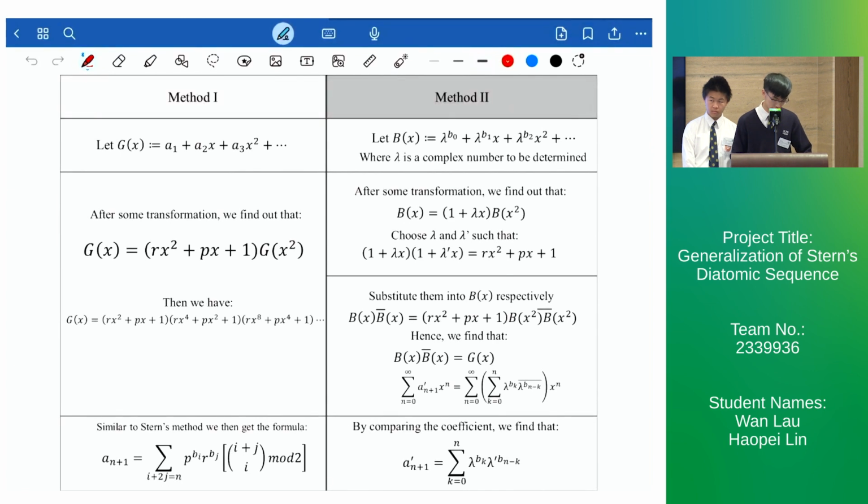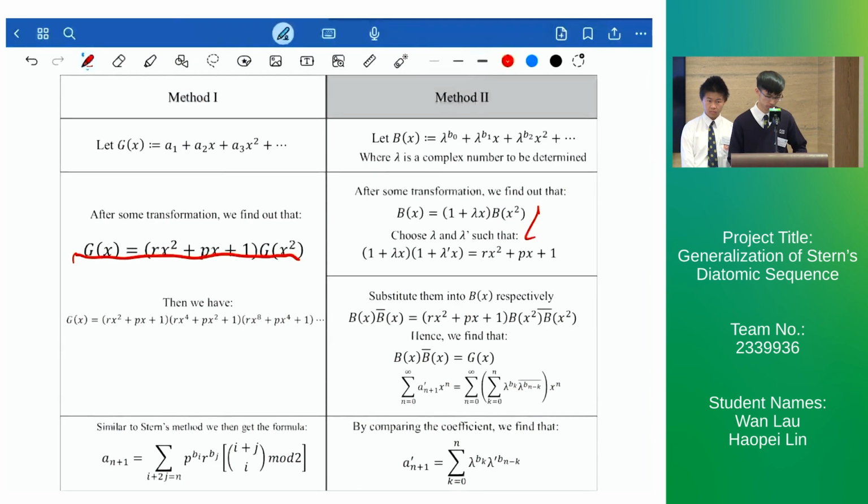The first formula is that we find the generating function for An satisfies this recursive relation. After an inductive method, we find that it can be represented as an infinite product. The trick is that the expansion of this infinite product and the principle of turning a number into its hyperbinary form are exactly the same.